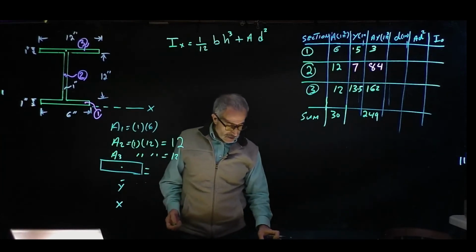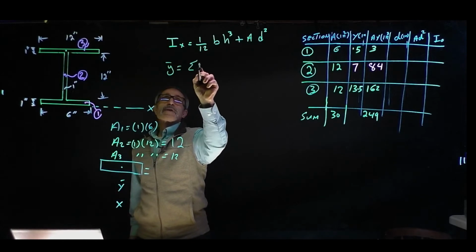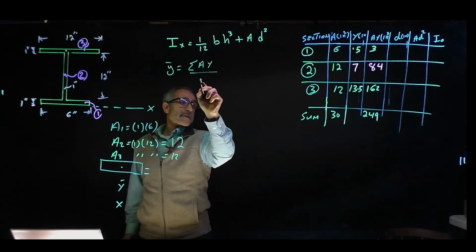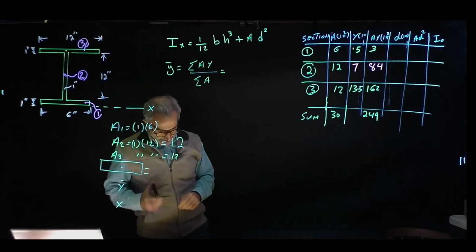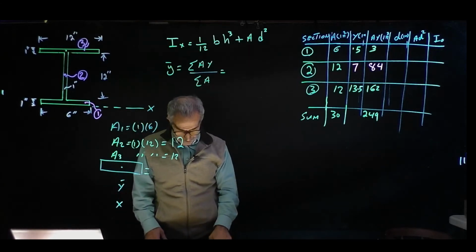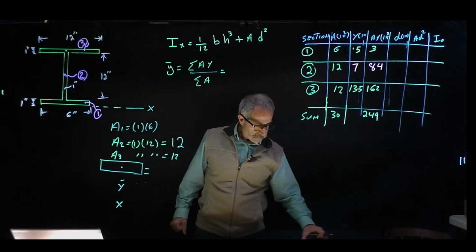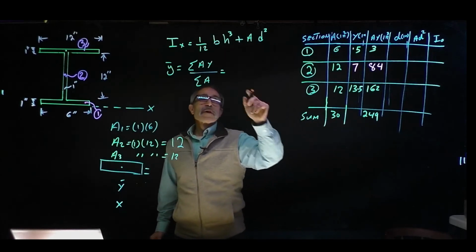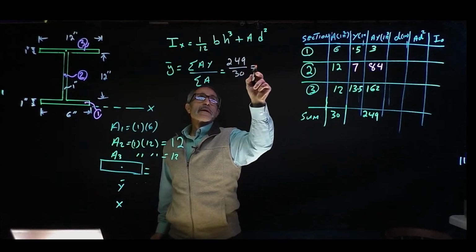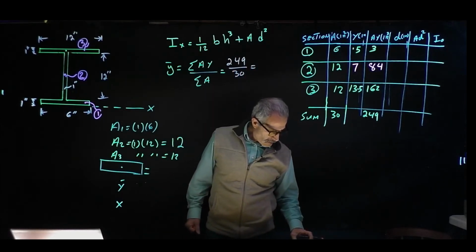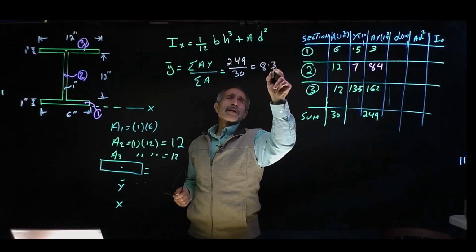And my neutral axis, y bar, is equal to summation of A times y divided by summation of area. And that's going to be 249 divided by 30, which is going to come out to 8.3 inches.